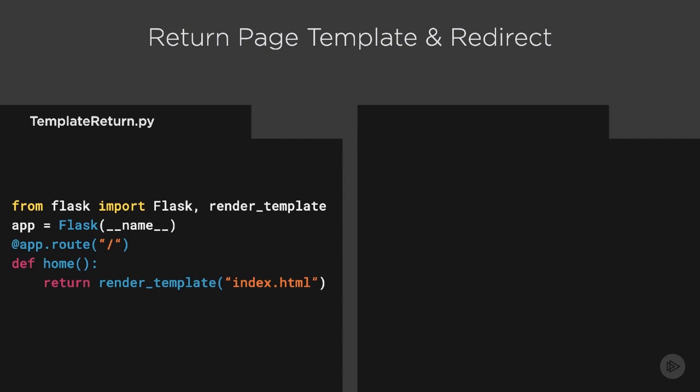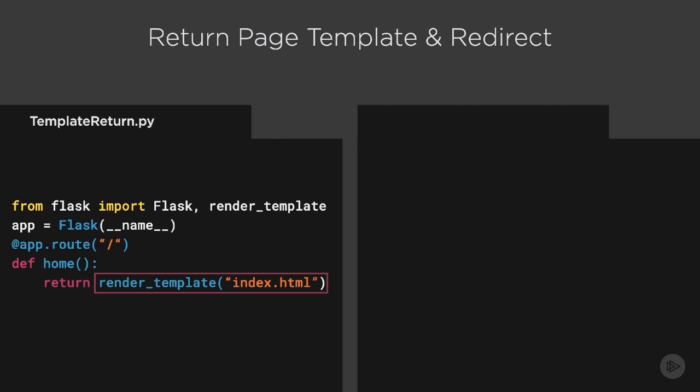You're probably aware that Flask serves web pages via a built-in templating engine called Jinja. To render a Jinja template, we first must import a built-in Flask function called render_template. When a view function returns render_template, it's telling Flask to serve an HTML page to the user, which we generate via a Jinja template.